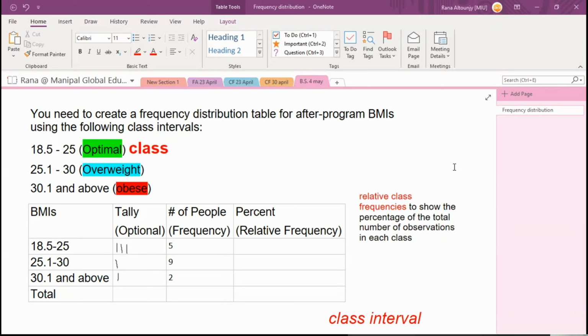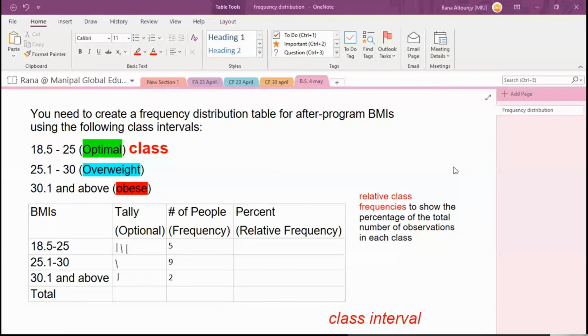We need to use some software. The easiest, the most famous, the most available is Excel, because from your Scholar ID you can access the full version of Excel. So from Excel we can do the same. We can get the frequency with a very simple equation we can apply in Excel.